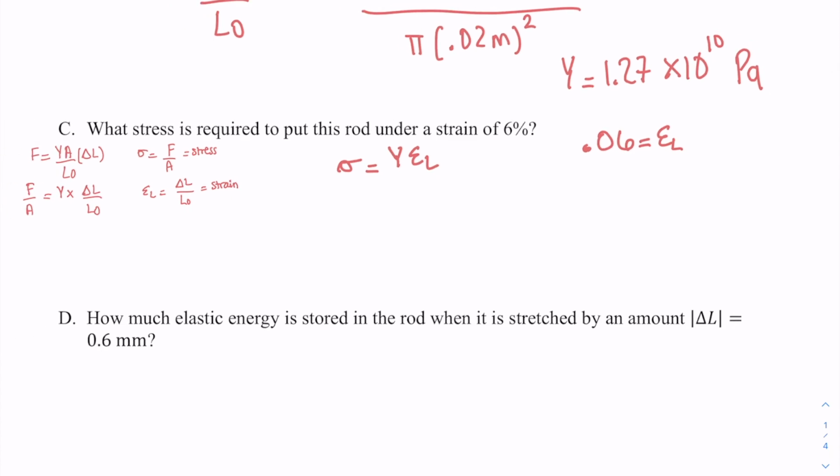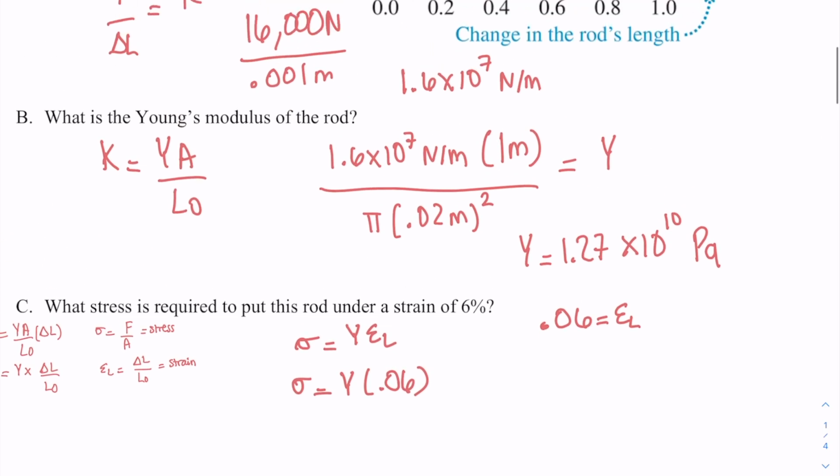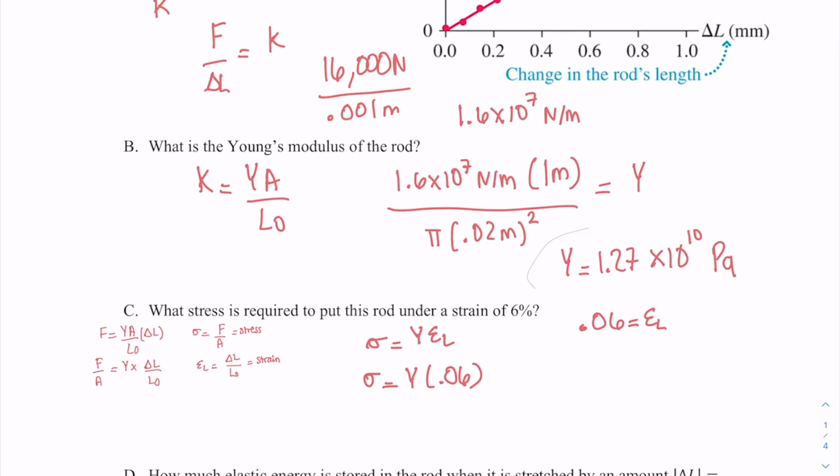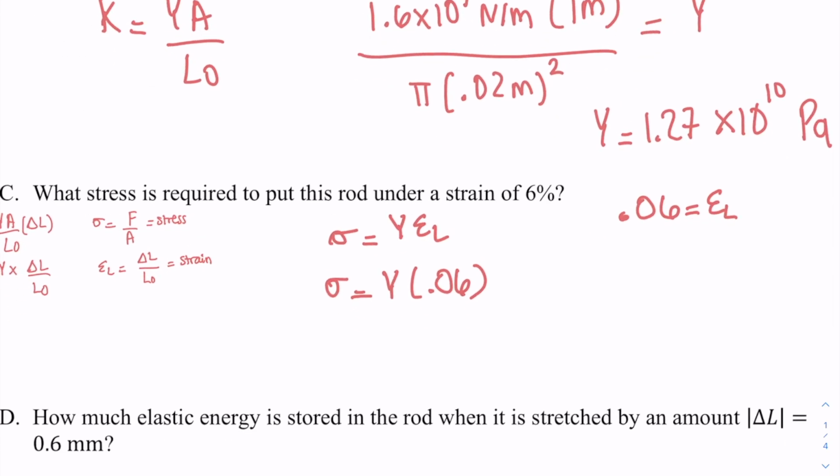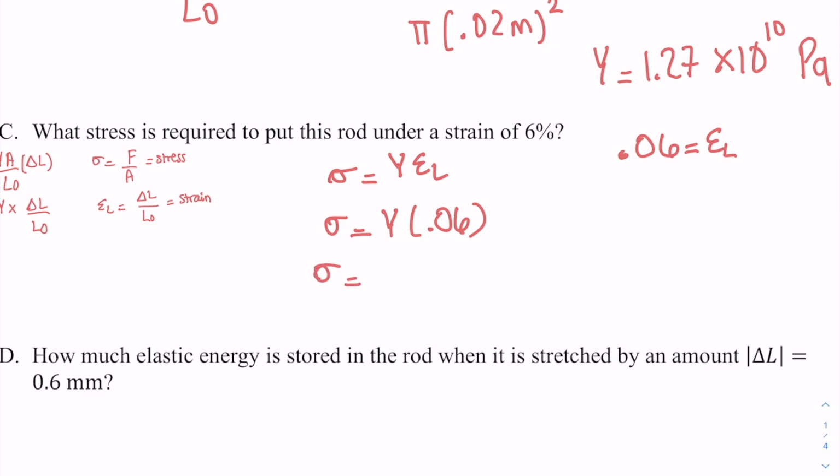Okay, so here's our stress is equal to Young's modulus times the linear strain. So if our linear strain is 0.06, we want to figure out the stress. We know Young's modulus is 1.27 times 10 to the 10th pascals from part B. So we can say that our stress is equal to 1.27 times 10 to the 10th pascals, multiplied by 0.06 for our strain.